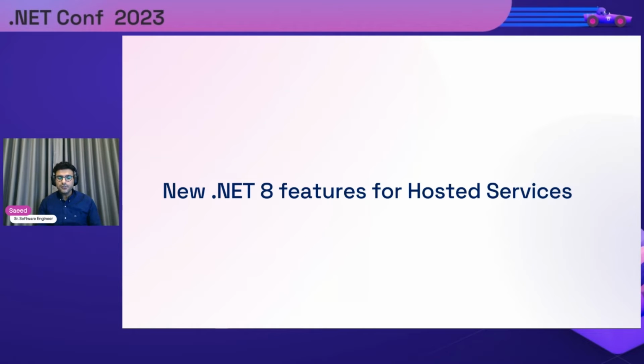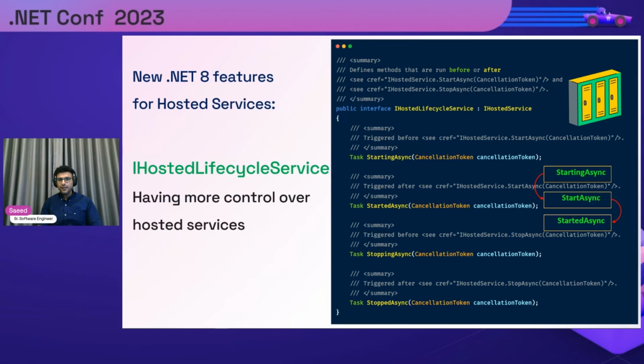Now let's see what features we have in .NET 8. The first one is that .NET 8 introduced a new interface called IHostedLifecycleService, which is very important for having more control over our hosted services. This lifecycle service adds 2 more methods to the hosted service.